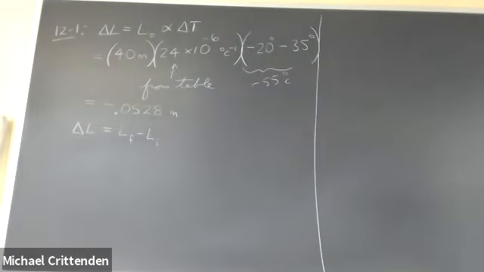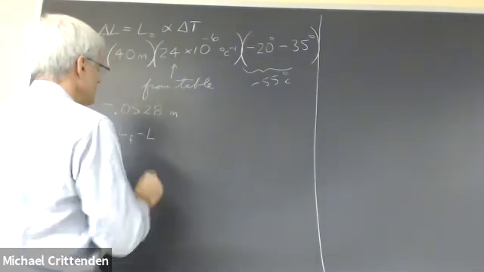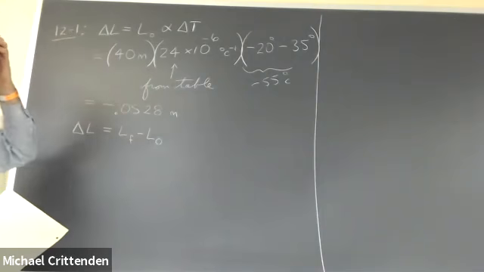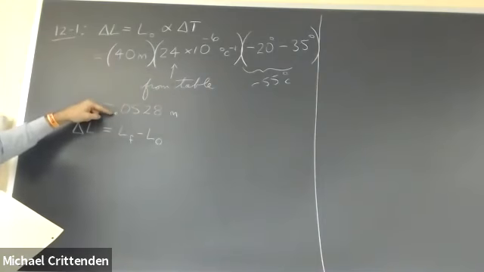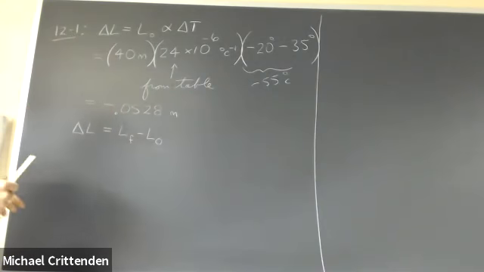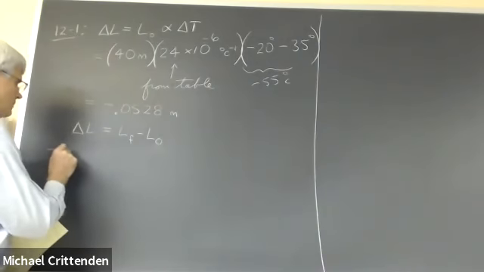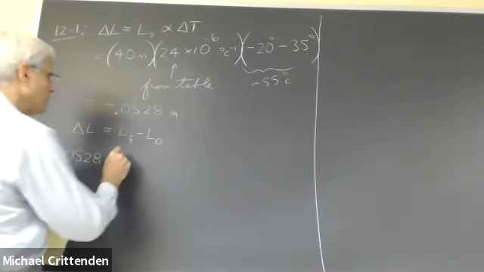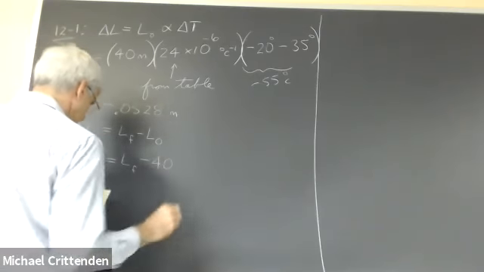I guess I called it L0, didn't I? No, I for initial, O for original, whatever is your favorite notation. I guess I ought to make it match what it says on the handout. The question didn't ask for delta L, it asked for L final. So fill in the other numbers. Delta L is negative 0.0528. L initial is 40.